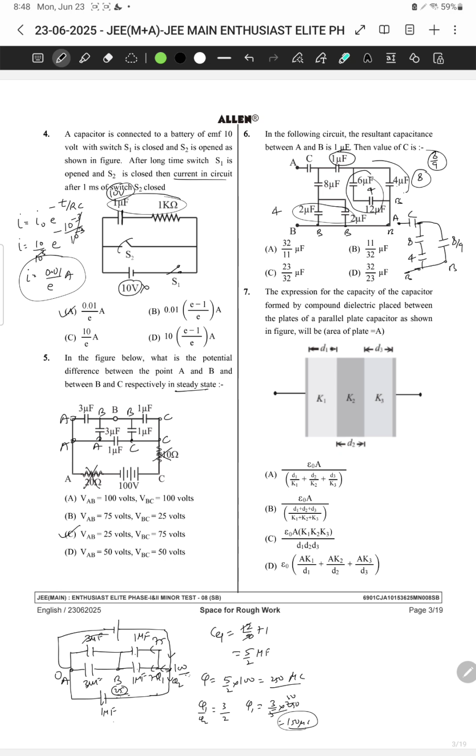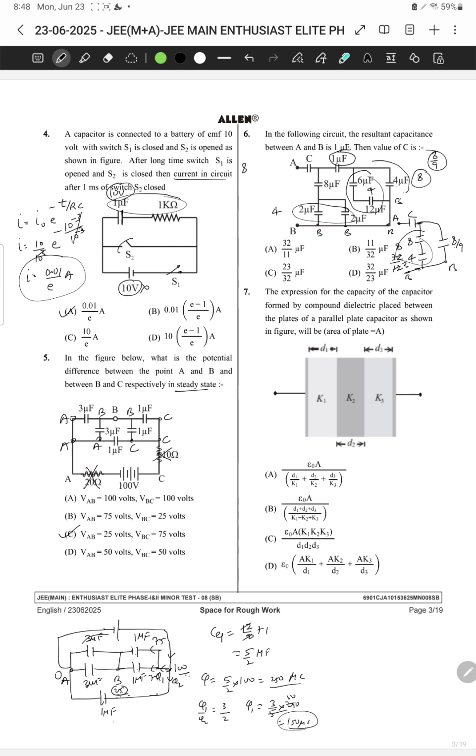Clear? That's what we did so far. Now 8 and 4 are in series, so 32 by 12. This 32 by 12 is in parallel with this one. Let me simplify: 4 eights are 32, 4 threes are 12. So 8 by 3 plus 8 by 9.